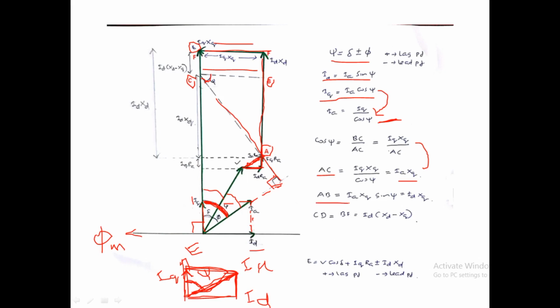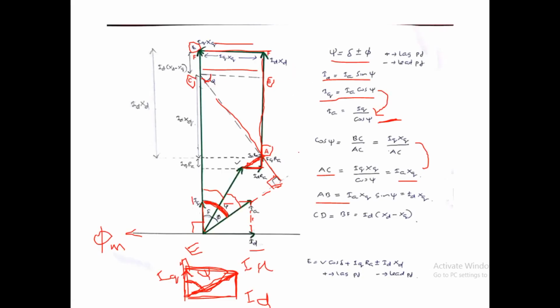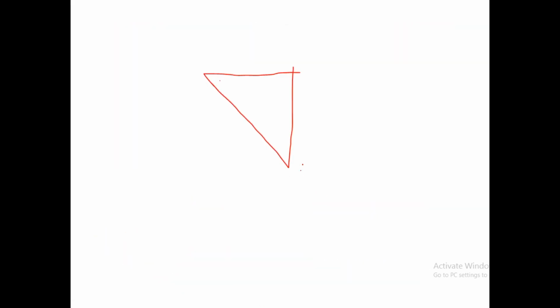Now what is AB? You can take this triangle, and AB is this side. I'm just drawing it here. So this is the triangle we are considering: this side is A, this side is B, this side is C, and this angle is psi.